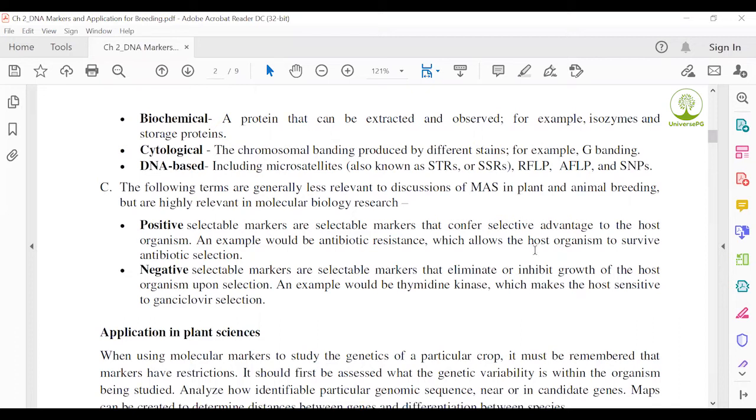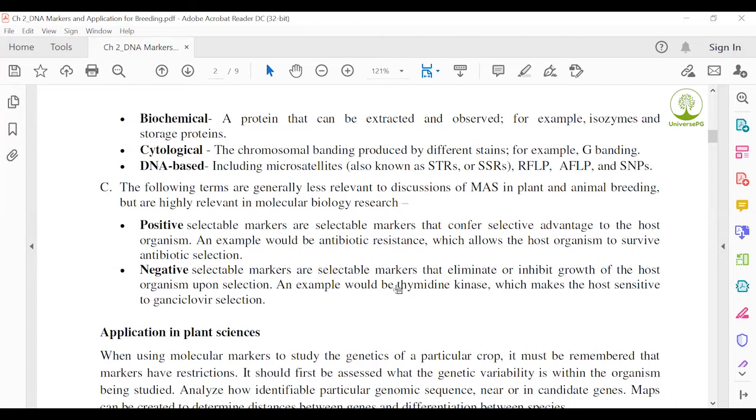Negative selectable markers are selectable markers that eliminate or inhibit growth of the host organism upon selection. An example would be thymidine kinase. Thymidine kinase is a negative selectable marker, which makes the host sensitive to ganciclovir selection.